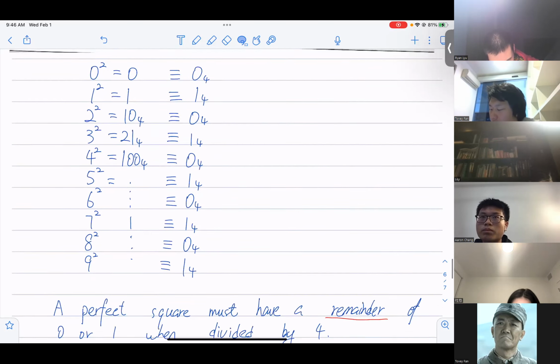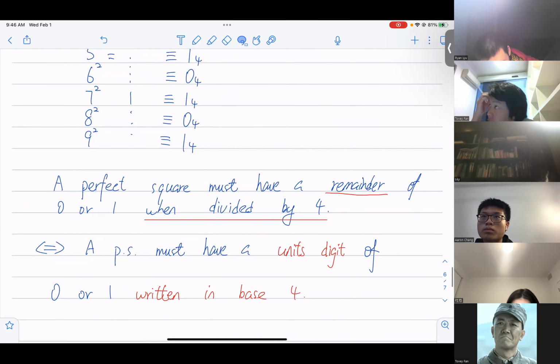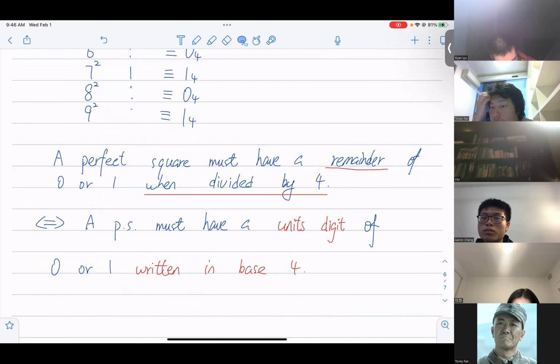So yeah, I remember there was a year of the Euclid, the Canadian grade 12 contest. The last question was to prove that one of the numbers there is never going to be a perfect square. And in the official solution, it actually says that a student can know that a perfect square must have a remainder of 0 or 1 when divided by 4 by exploration.